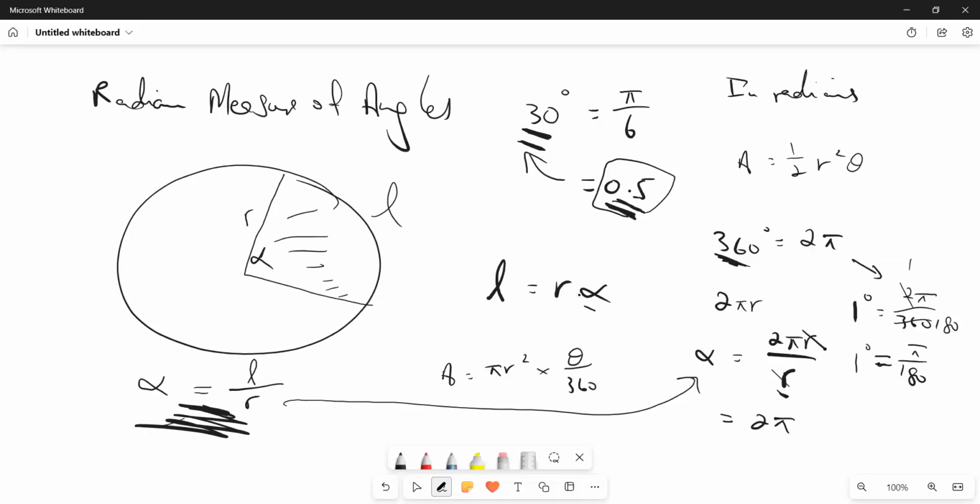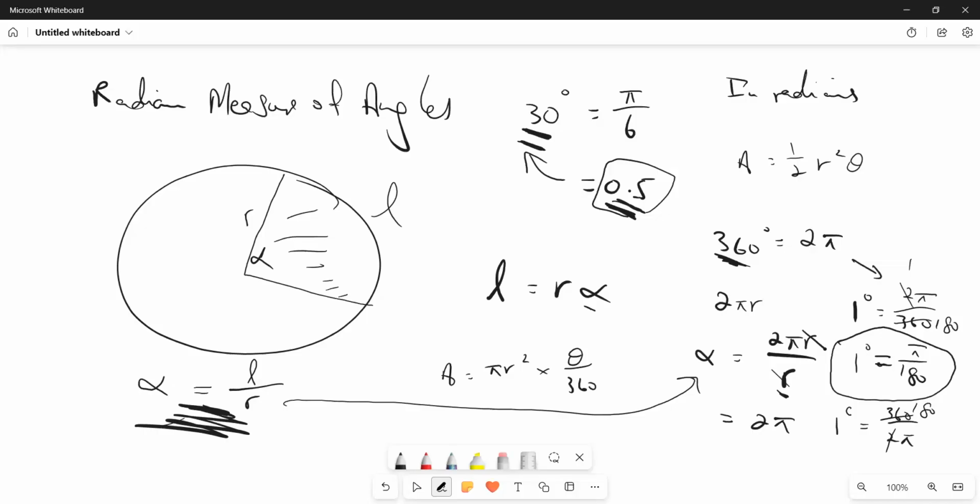And if you do it the other way around, you can get 1 radian. I'm getting overcrowded here now. So this is a nice conversion factor. So 1 degree is that, and we can go from here and get 1 radian equal to, what is it, 360 over 2 pi.